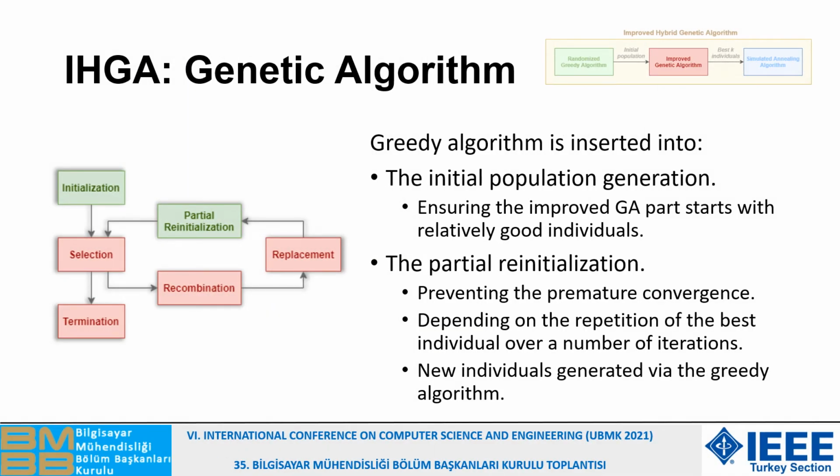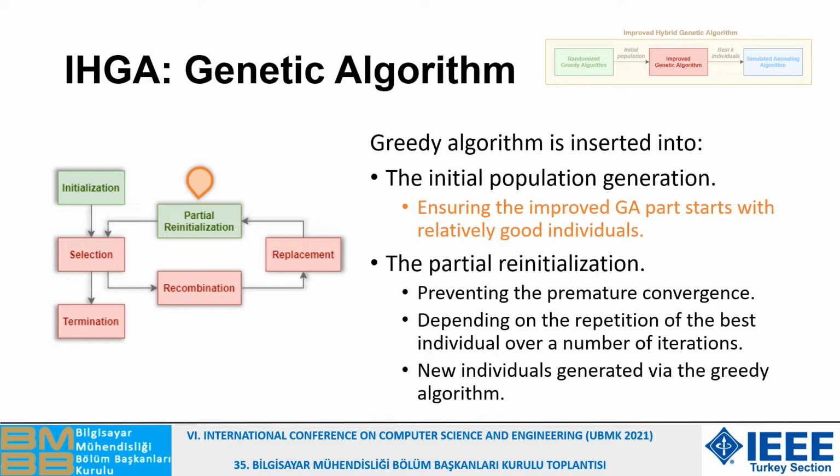The individuals we generated through the greedy algorithm constitute the initial population of the improved GA. So we ensure that the GA part of our algorithm starts with relatively good individuals. To prevent premature convergence, we apply population partial reinitialization, depending on the repetition of the best individual, over a number of iterations.